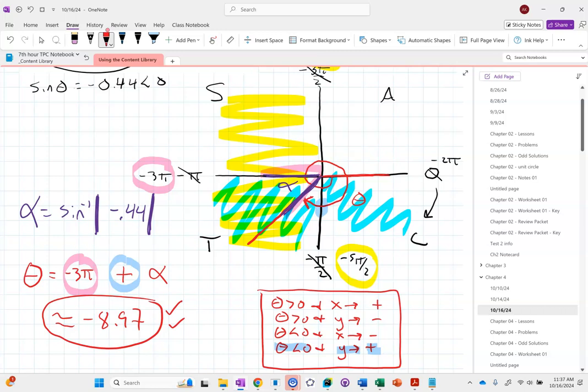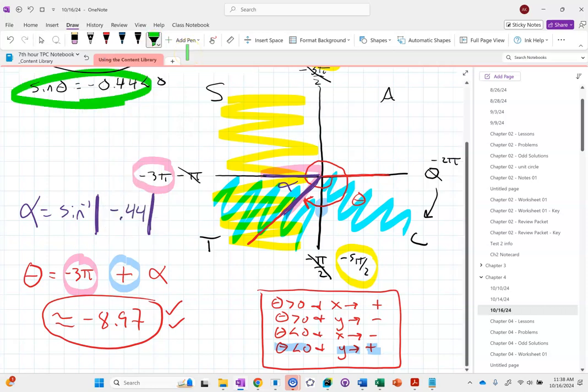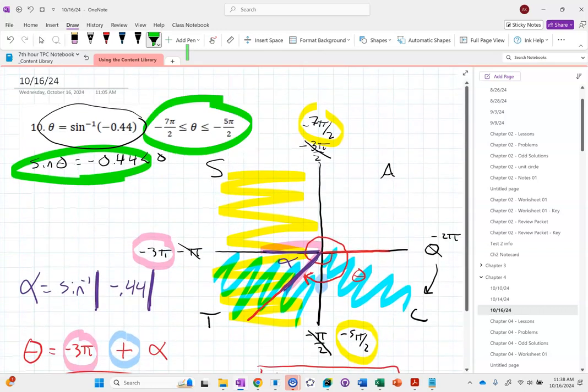So we're just going to check to make sure that this equation is satisfied. So I'm going to do sine of negative 8.97 and make sure I get negative 0.44. And then I'm going to make sure that negative 8.97 is in between those two numbers.